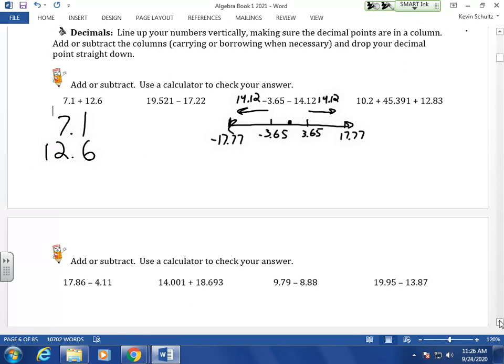Of course, since this is what we're actually doing here, our answer is going to be negative 17.77. But when you said that you can add them, you can write it that way, as long as you then understand that you need to make your answer negative once you're all done. Okay? There are really more similarities than differences when you talk about the positive and negative side of 0.